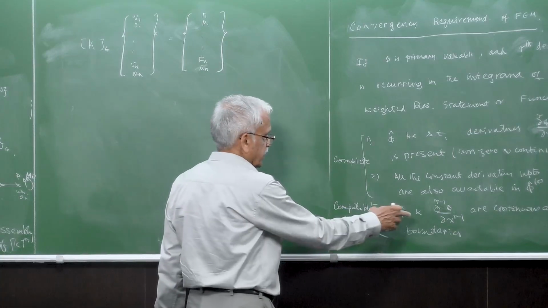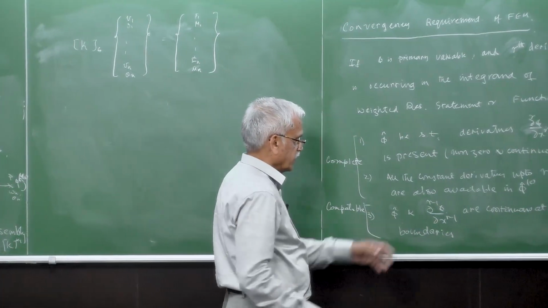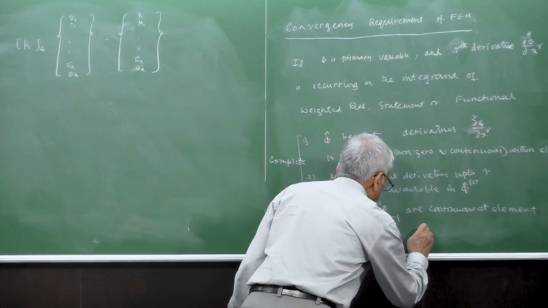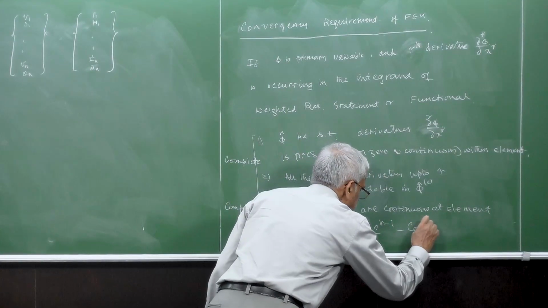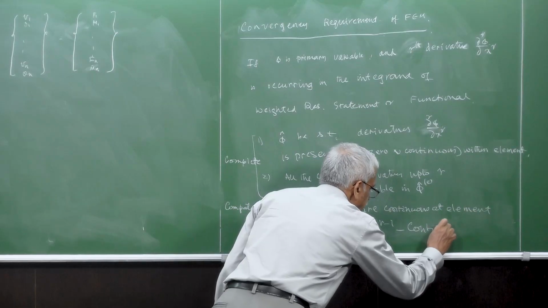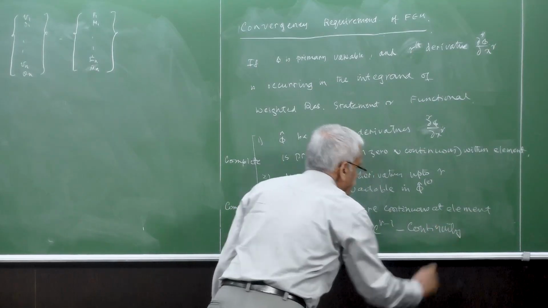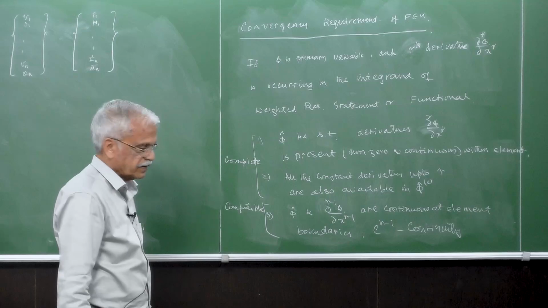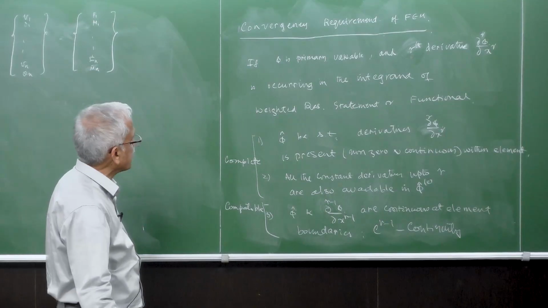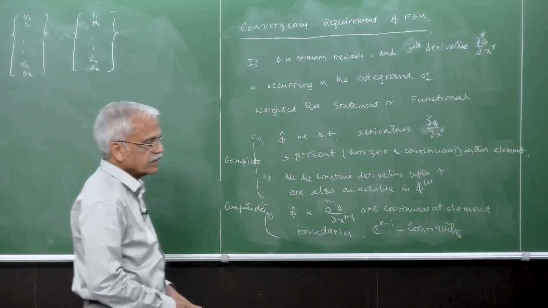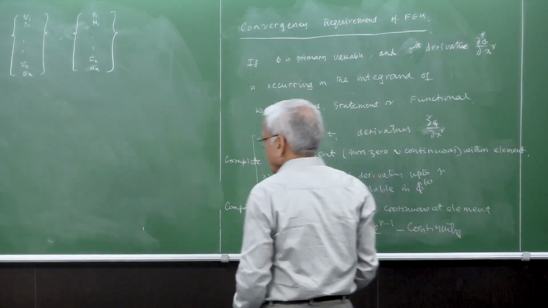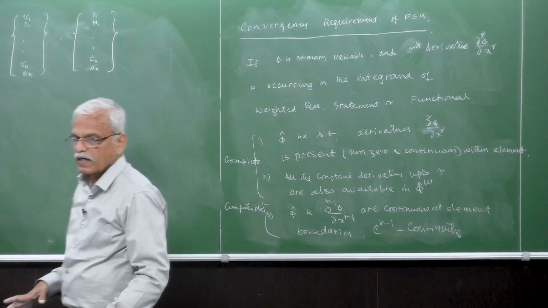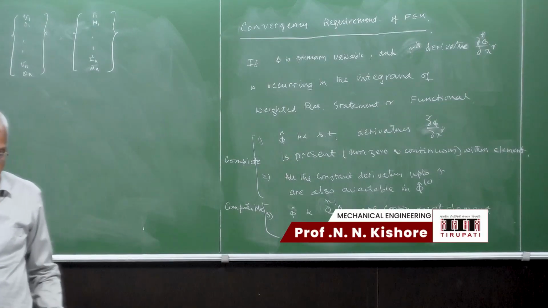And compatibility is that C r minus 1 continuity should be there at the element boundaries. So these are very important convergence requirements of finite elements. You should keep these in mind whenever you devise a new element.